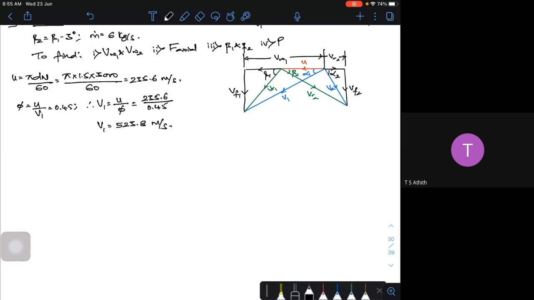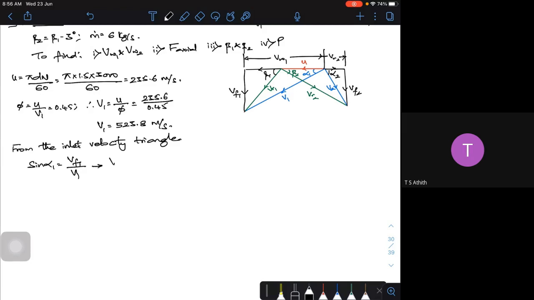Now, from the inlet velocity triangle, sine alpha 1 is equal to, what is it actually? Opposite side, Vf1, divided by V1. Sine alpha 1 is equal to Vf1 divided by V1.